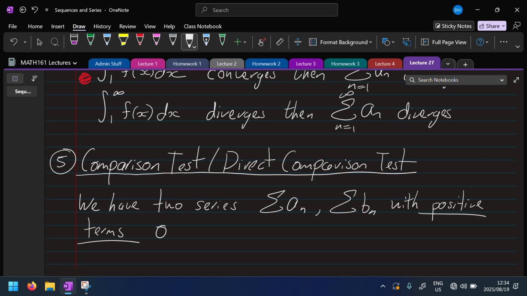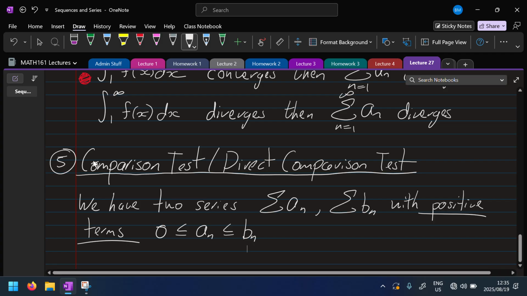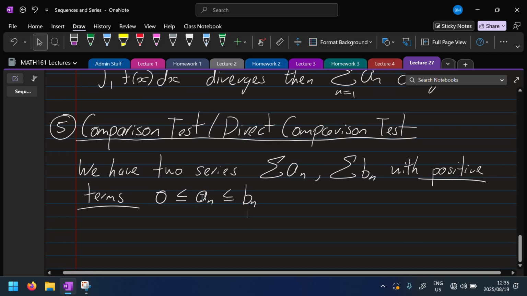So we have 0 less than or equal to a sub n, and this is less than or equal to b sub n. For every term in the two series, both of them are positive, and a is smaller than b for every term. As you go through, a1 is less than b1, a2 is less than b2, and so on. You need to check that first.